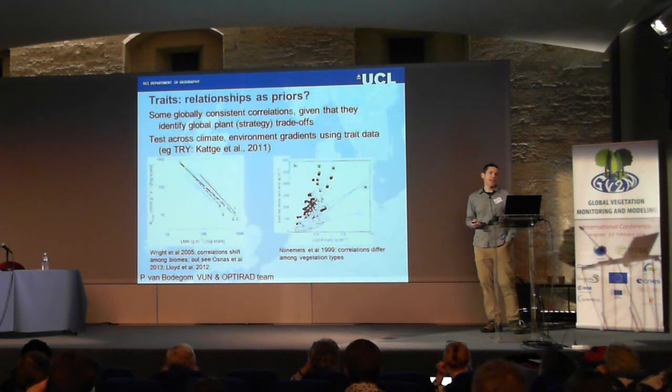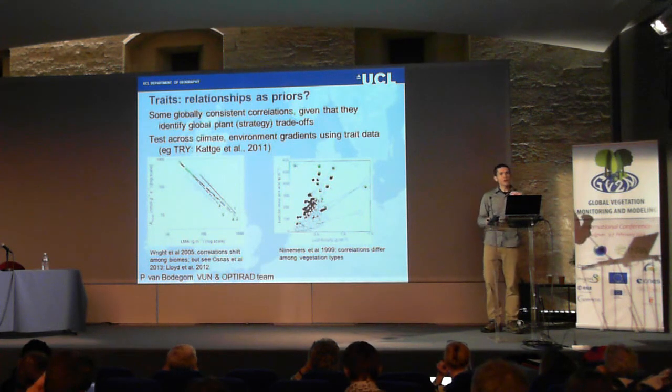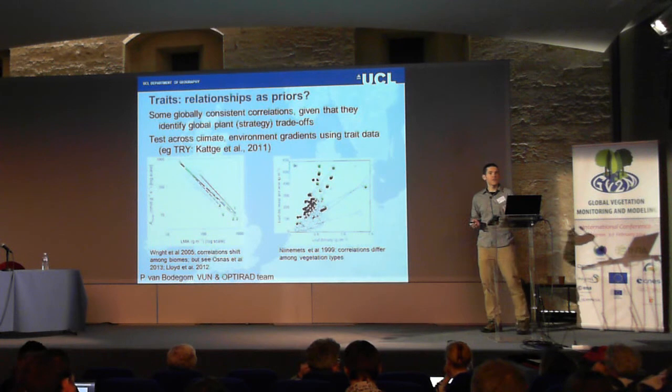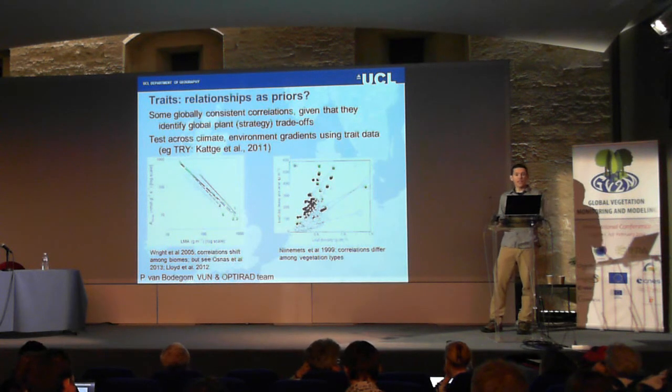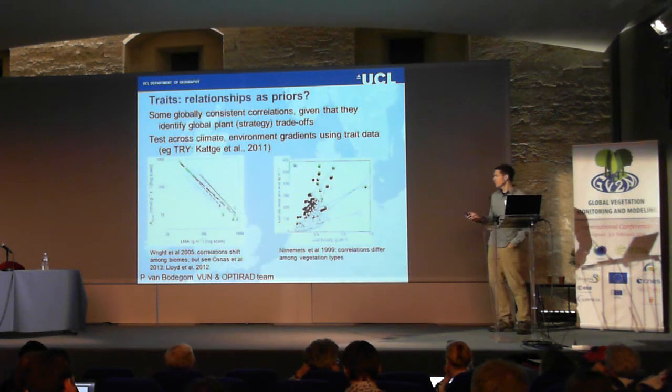But we also need to understand how we can put uncertainties on these things, because that's again a key part of the assimilation process, being able to quantify the uncertainty in our observations and feed that through the process.